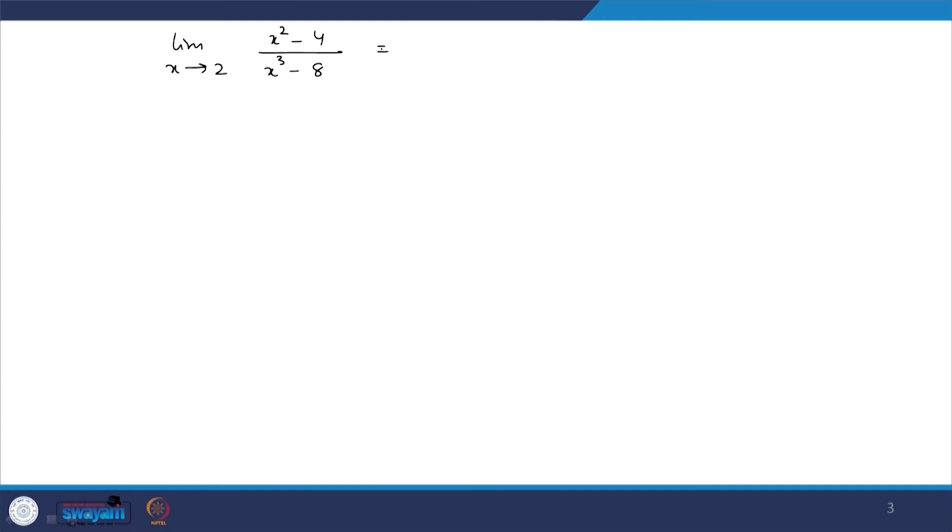When x equals 2, we do not know what this function is, but we want the limit as x tends to 2. You can simply factorize it, and factorization will give this value, 2x plus 4.